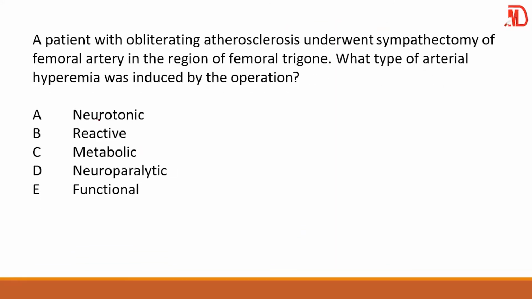A patient with obliterating atherosclerosis underwent sympathectomy of the femoral artery in the region of the femoral trigone. What arterial hyperemia developed? Look at this. Underwent what? A cut of the sympathetic, or a removal of the sympathetic.